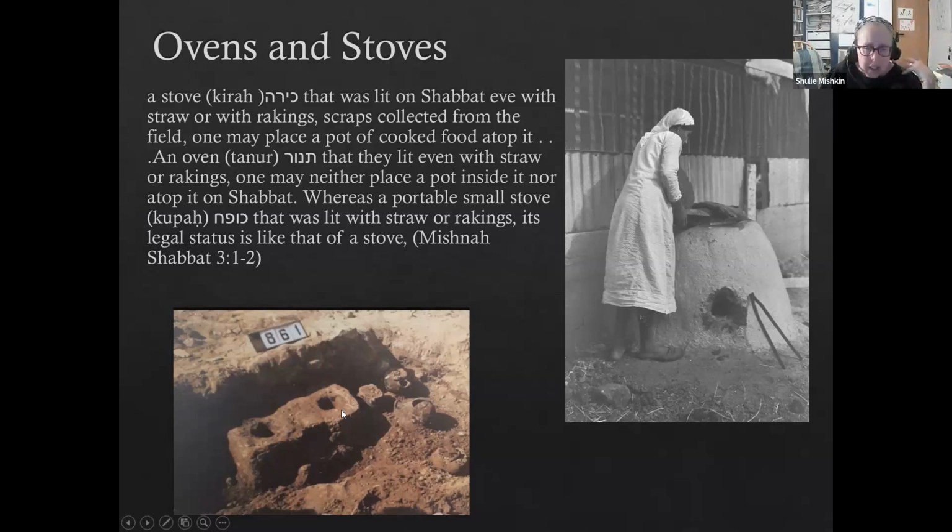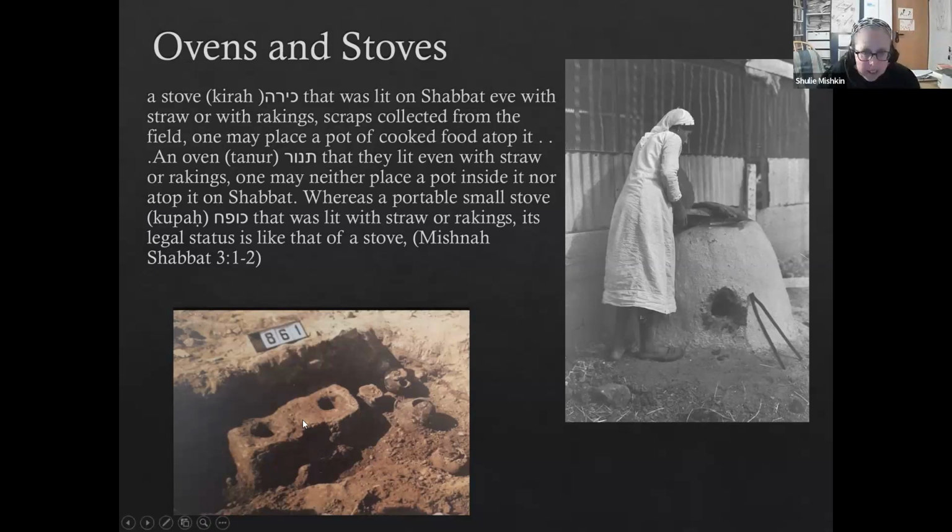And it has two openings, and you can put pots on it, and really think of our stoves and our ovens. Just like your oven will take a while to cool down, right? But your stove, pretty much 2 minutes after you turn off the flame, it's going to get cool. Doesn't take a very long time. Same thing here. It cools off pretty quickly, and that's why you can put it on Shabbat. Okay, so that's a kira.